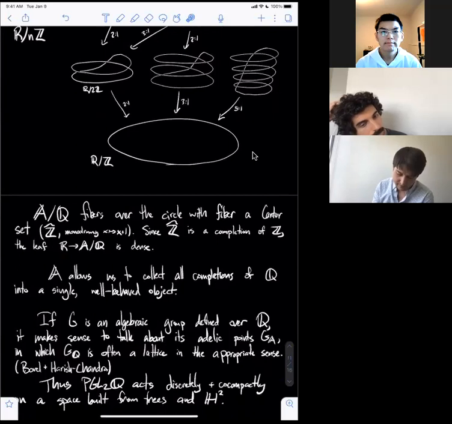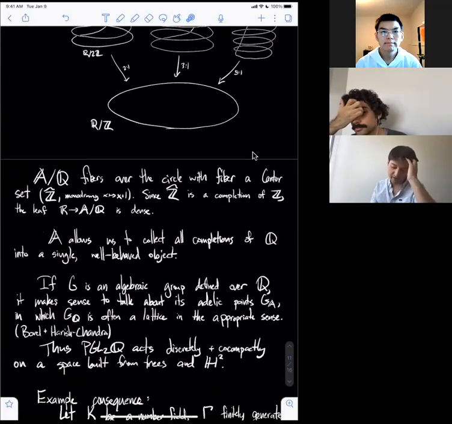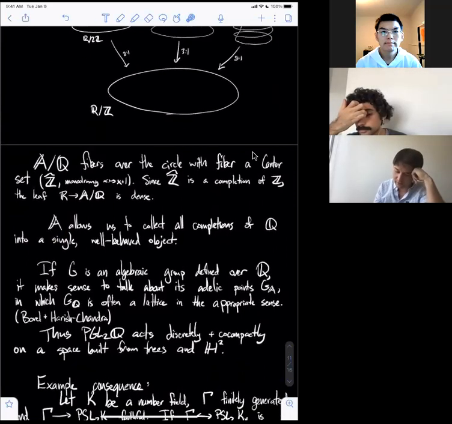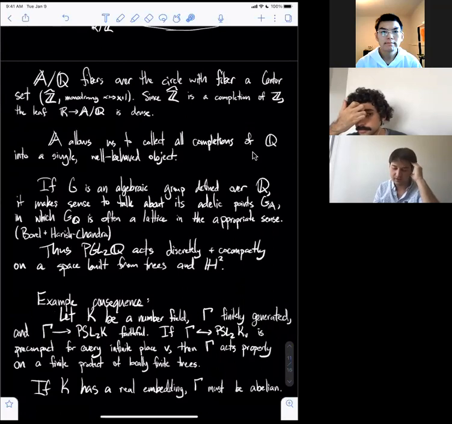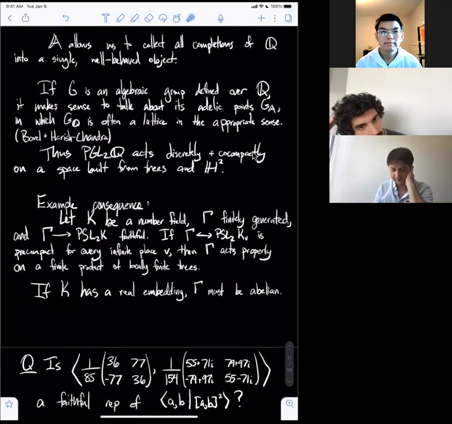Okay, and so the Adeles allow us to collect all the completions of Q into a single well-behaved object. If we have an algebraic group defined over Q, we can talk about its adelic points, which is going to be a lattice in the appropriate sense.